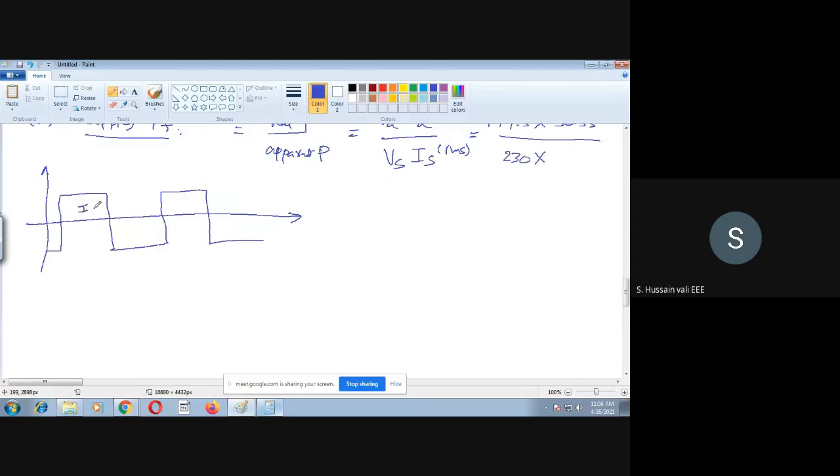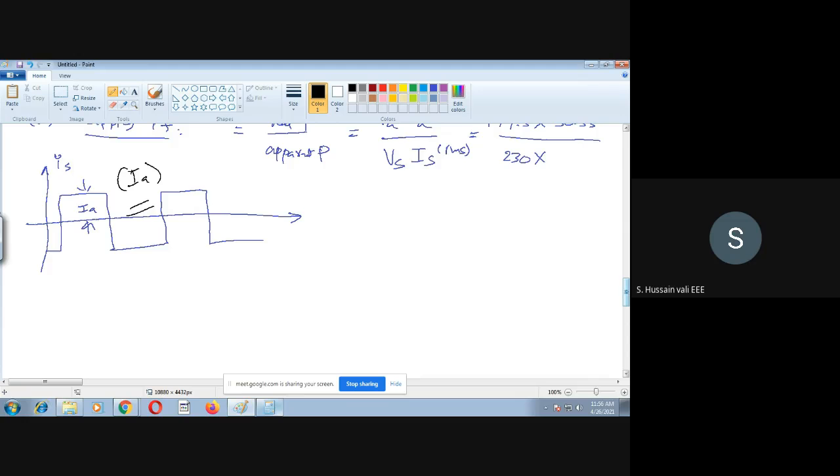Its height is IA. This graph we already got in the previous problems. For this waveform, I told you the RMS value is the same as the peak value, that is IA itself. So the RMS value of IS is IA itself. So I will write here IA.